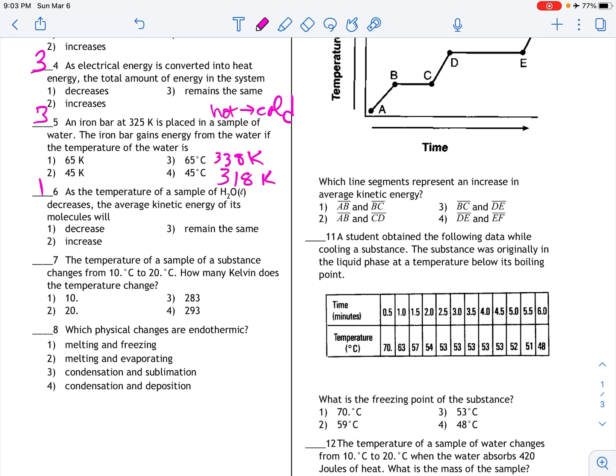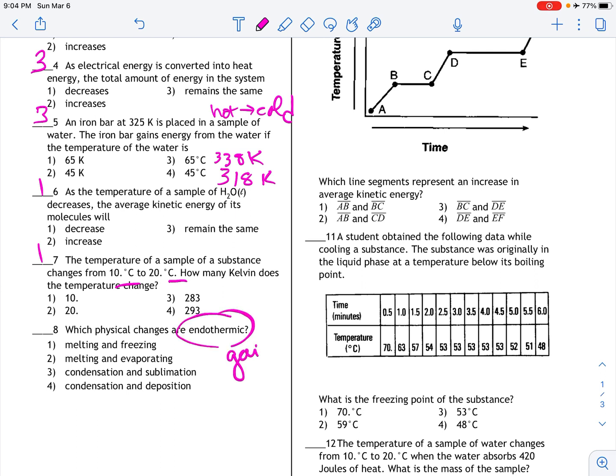So 10 to 20, that is a 10 degree change, which means 10 Celsius, 10 plus 273 is 283, and this is 293. So it's also 10. You are tricked by thinking, I'm going to convert this, but that is wrong. It's just how many Kelvin does it change. So convert these both to Kelvin and then see the change.